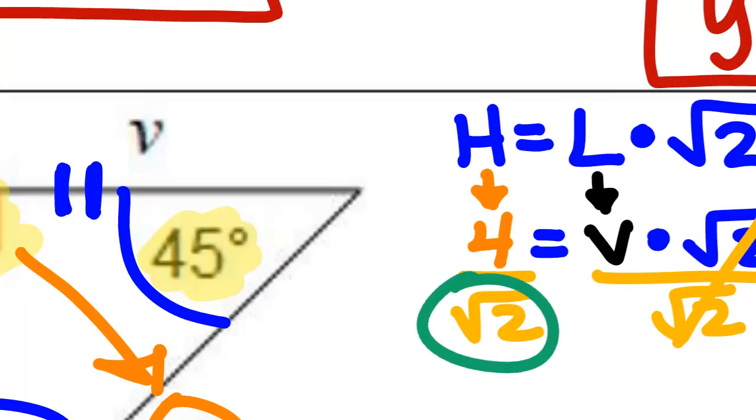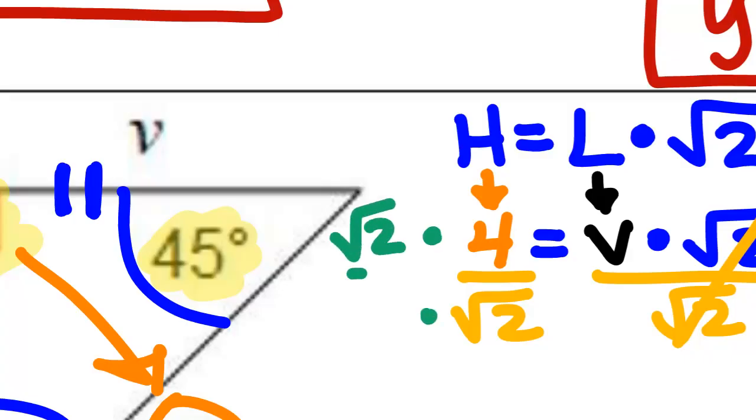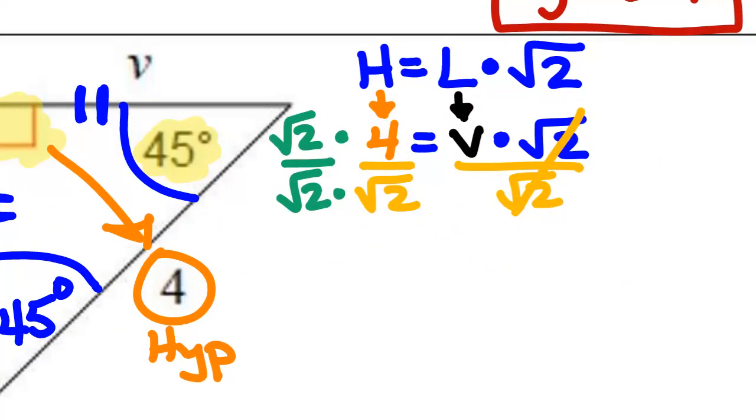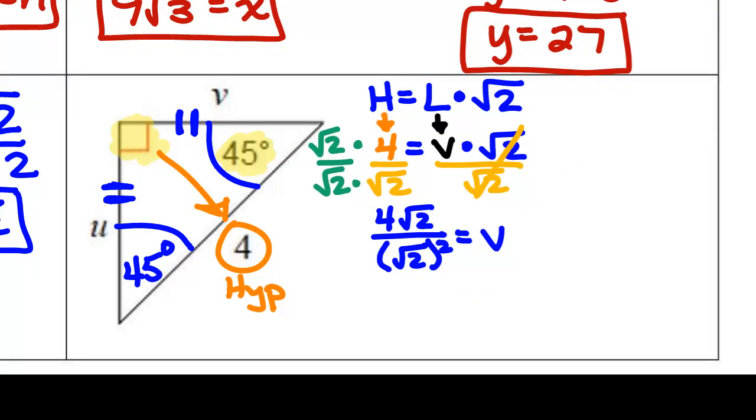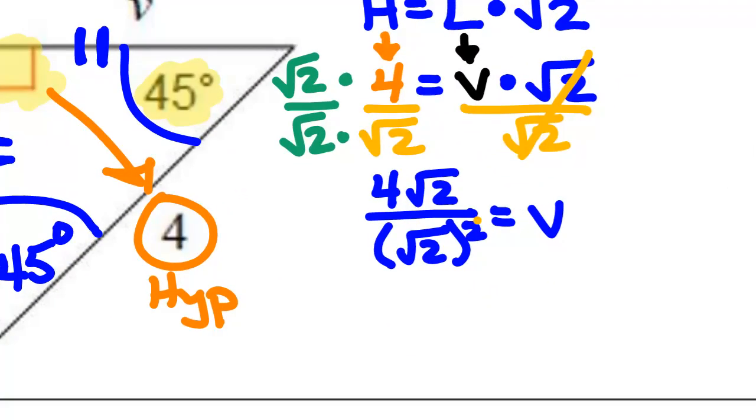Can't have a radical in my denominator like this, so I have to multiply top and bottom by radical 2 over radical 2. So I would have 4 radical 2 over radical 2 squared equals V. What happens in my denominator? Cancels. Squared and square root cancel.